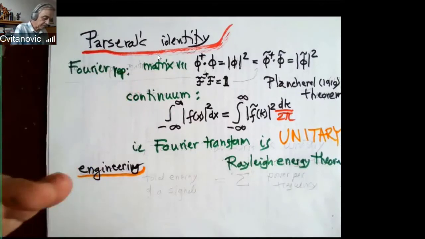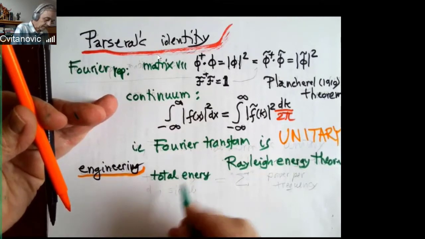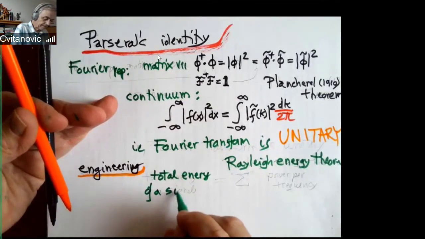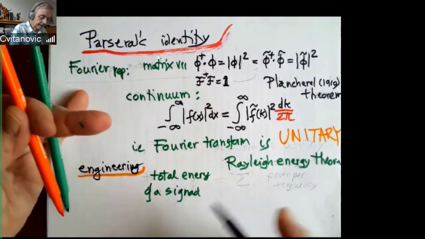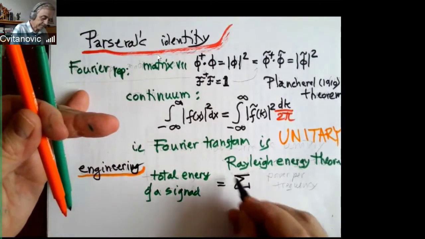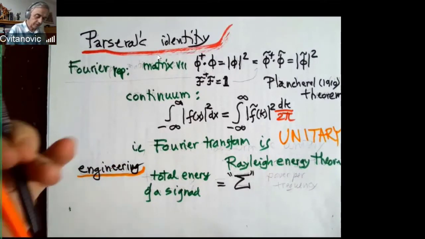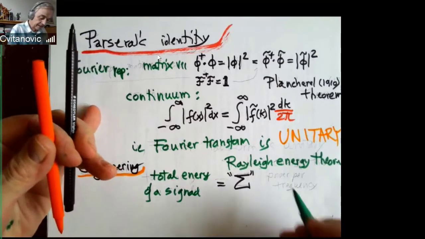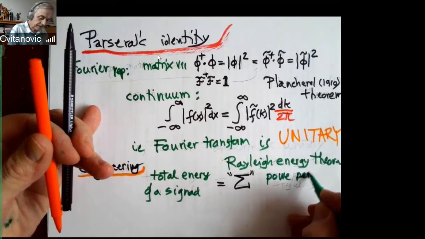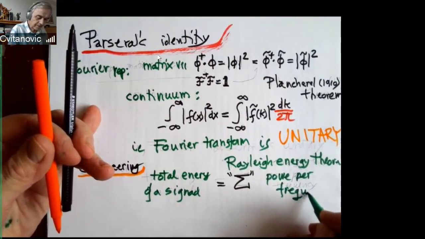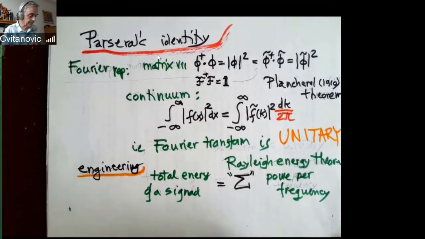And what it says is that the total energy of a signal is the sum, and in the continuum it might be an integral, but in the real world, you always have a number of samples. The sum of the power per frequency, and then you have to weigh it by the sampling interval.